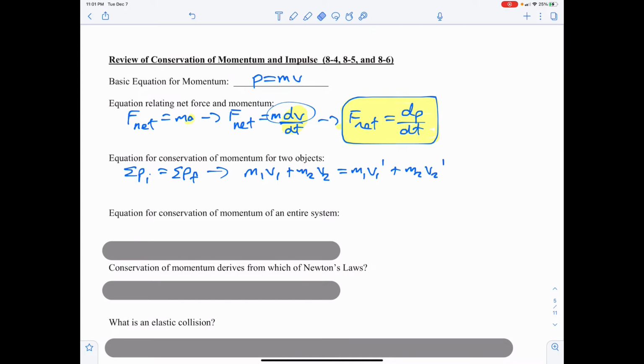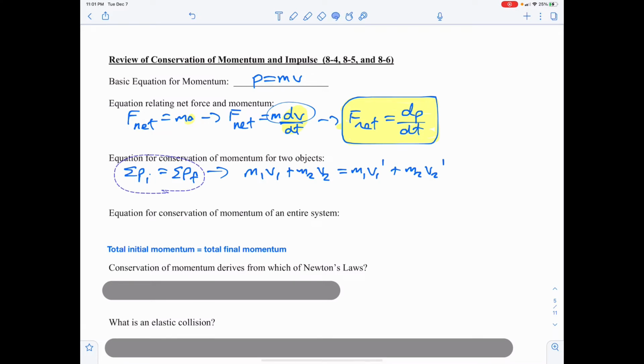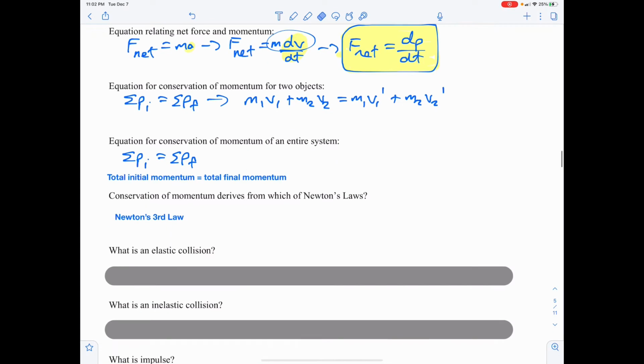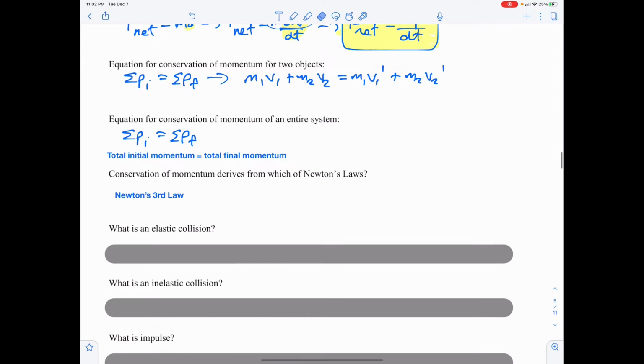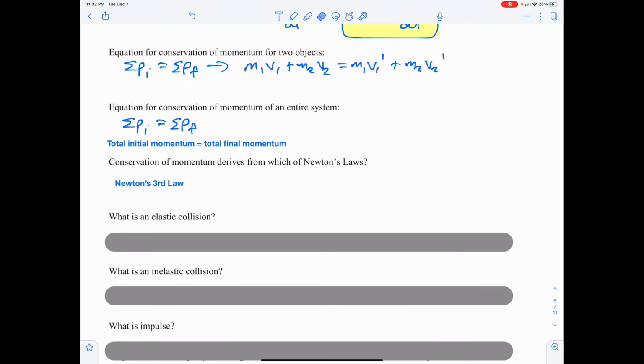The equation for conservation of momentum of an entire system: the total initial momentum equals the total final momentum, and that is really just a statement of Newton's third law. The total momentum beforehand equals the total momentum afterward. This comes into account with the impulse.